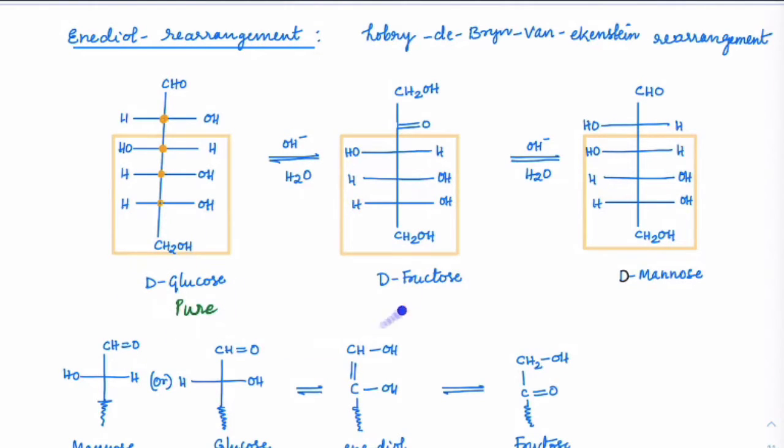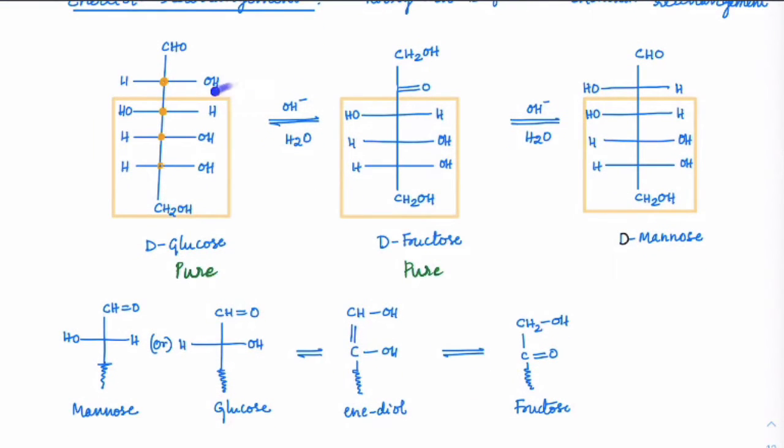Same way, if I take pure fructose and add some alkaline solution, for instance aqueous NaOH, then D-fructose will also change to glucose and to mannose. The same logic applies for mannose also. So they are interconvertible to each other.